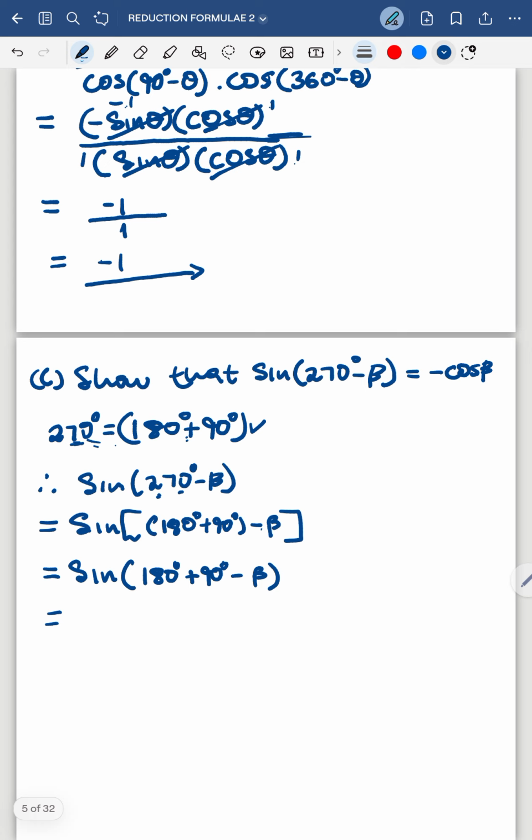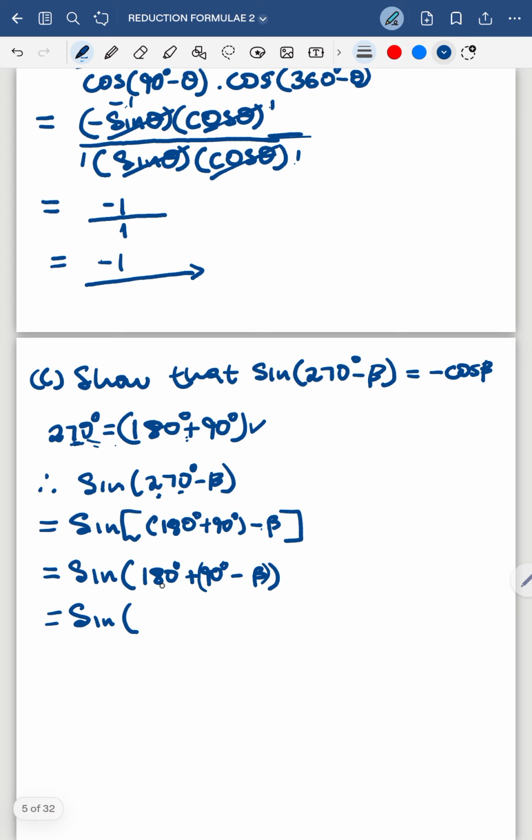But now we need to be very wise and form something that we know. So we separate this as 180 plus theta. We need to take these two and make them one angle.